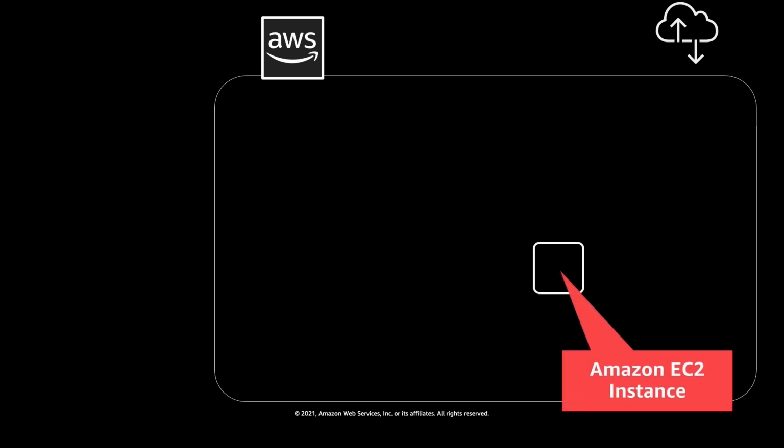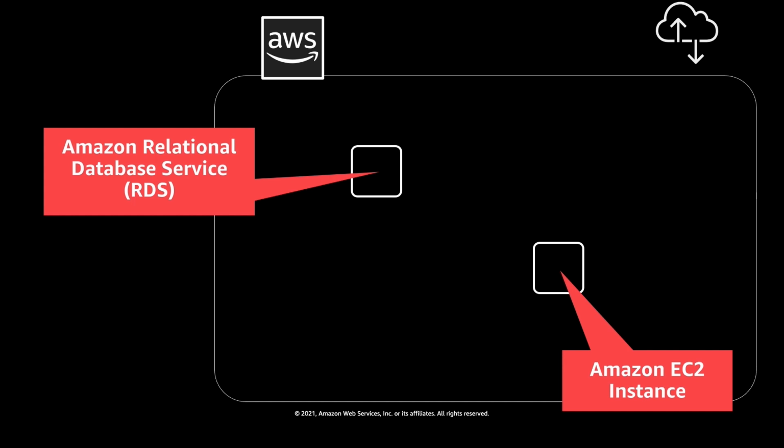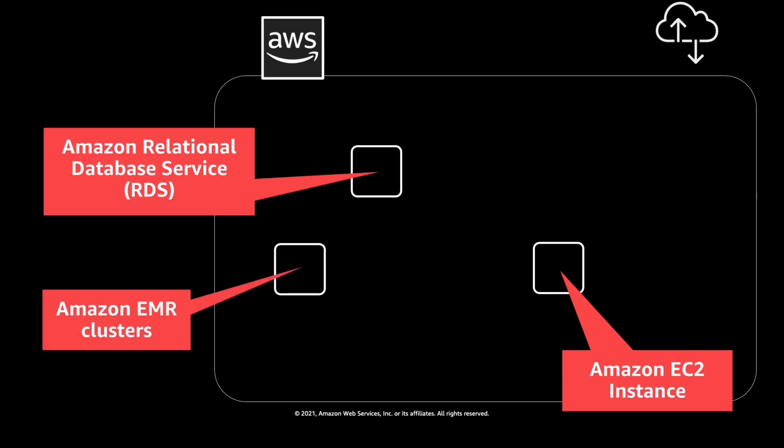Now in that, you may create several resources, like an Amazon EC2 instance, the virtual machine service that we have, or an RDS instance for your database workload, or an EMR cluster for data analysis and analytics.